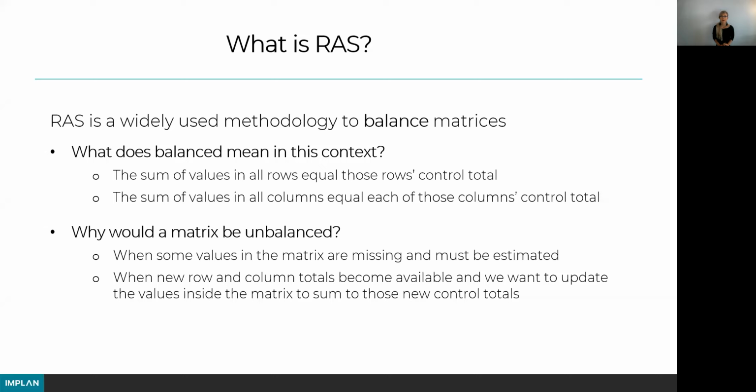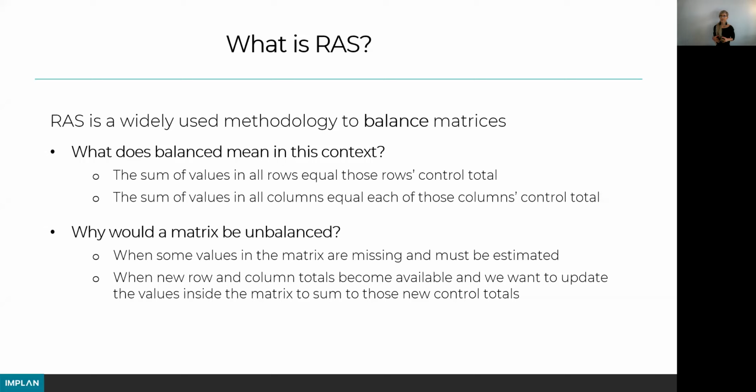So what is RAS? It's a widely used methodology to balance matrices, as I mentioned. And what do we mean by balanced in this context? We mean that all the values in each row of the matrix sum up to each of those rows' control totals. And at the same time, simultaneously, the sum of all the values going down the columns in the matrix equal each of those columns' control totals.